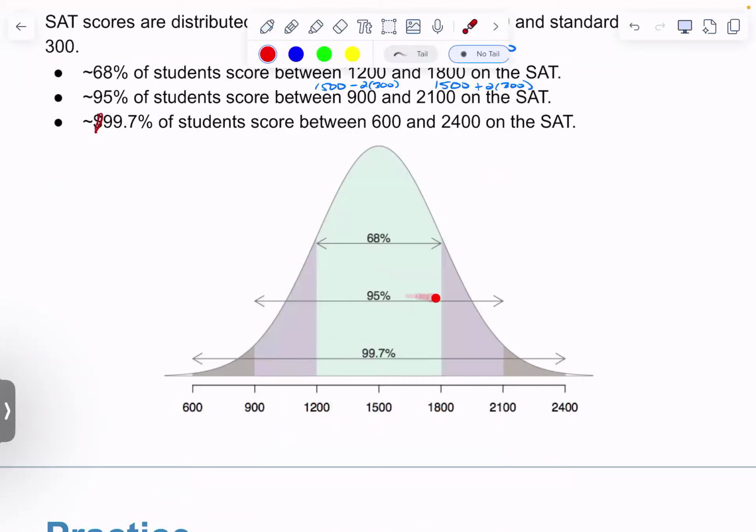The central 95%, you have to go out even further, 900 and 2,100. And then the central 99.7% of students score between 600 and 2,400. I don't know what the maximum is, but presumably it's a little bit higher than 2,400. And so there's some probability of reaching that maximum, but it's very, very small.